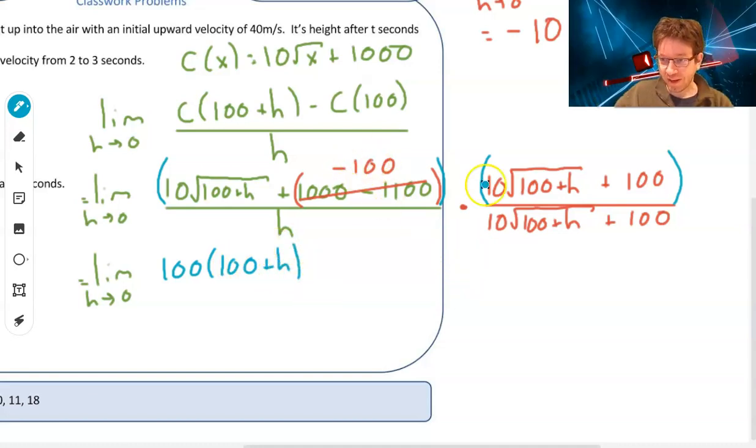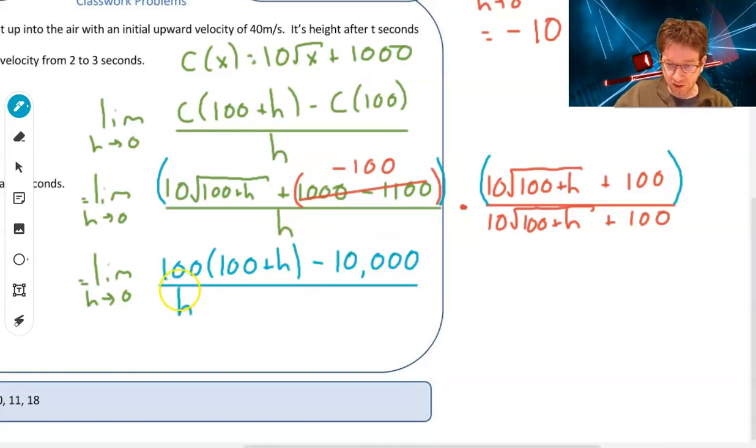And then we have minus 100 times 100, so that's minus 10,000. All over h multiplied by all that, so 10 times the root of 100 plus h plus 100.